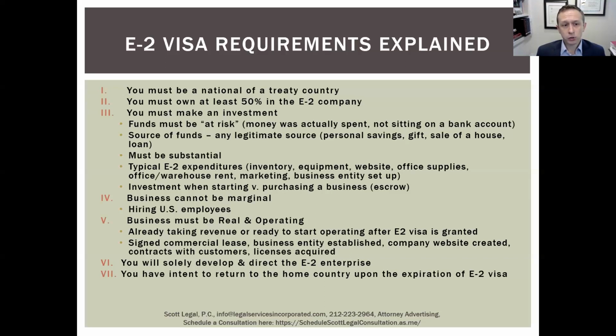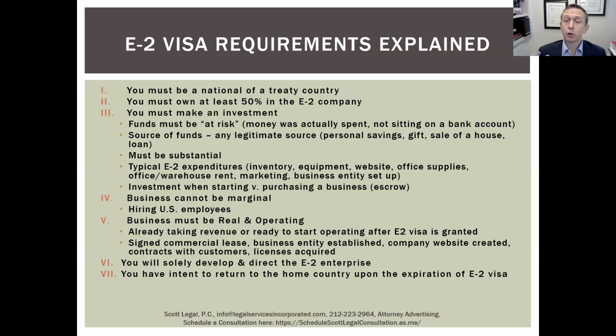Now, what would you typically spend this money on? What you want to think about is, and we'll talk a bit more about this in a later slide, what the company needs to become operational. What are all the things you need to buy for the company to be operational? If you're starting a consulting firm or a law firm, you want to show you have office space, office furniture, a dedicated space for the business, computers, any insurance.